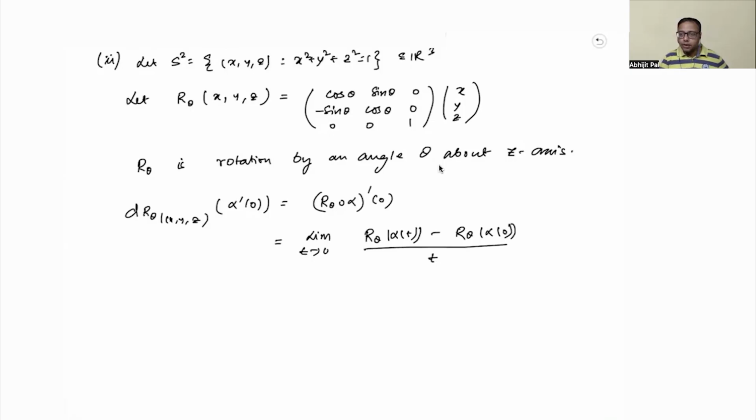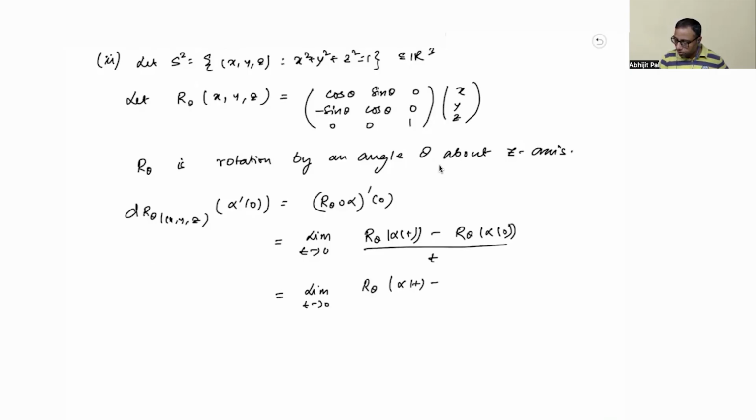t. Okay, so here note that this R theta is a linear map. So because of that, I can take this alpha t and alpha 0 inside this R theta.